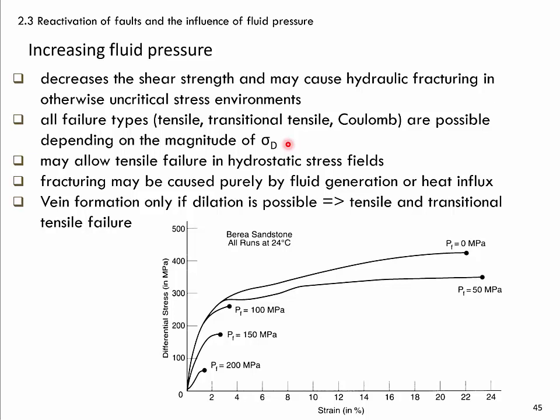Hydraulic Coulomb fractures might release fluid stress because there might be a pathway for fluids to escape along the fractures, but a dilation of Coulomb faults is not possible because on Coulomb faults, after their formation, there is still a compressive normal stress acting that prevents this dilation.